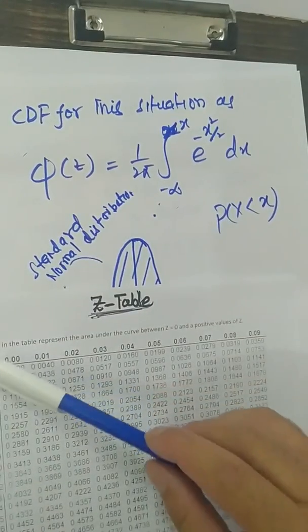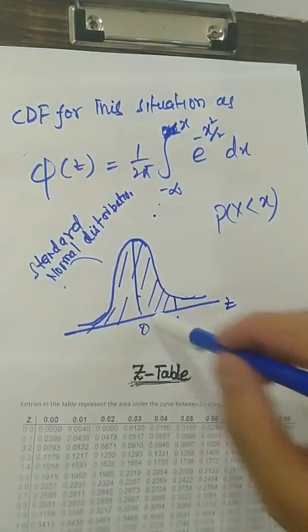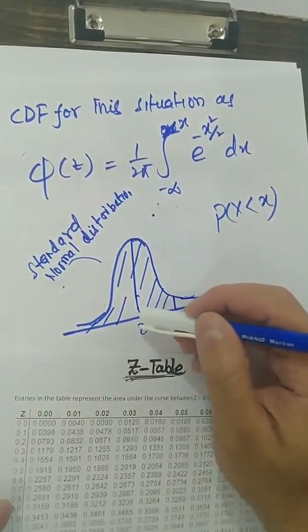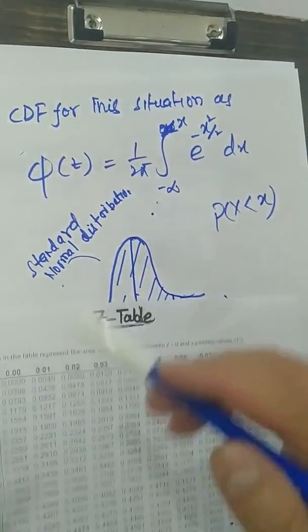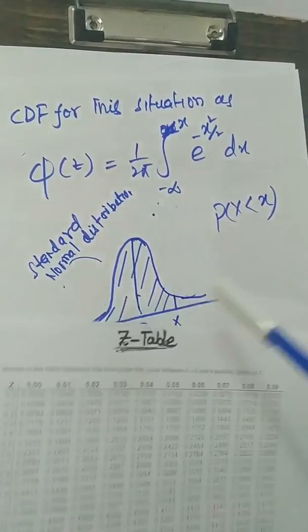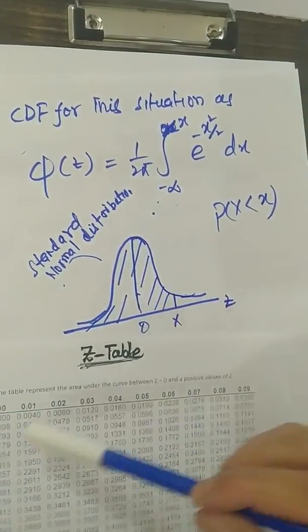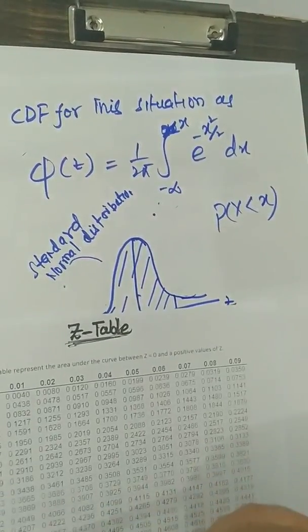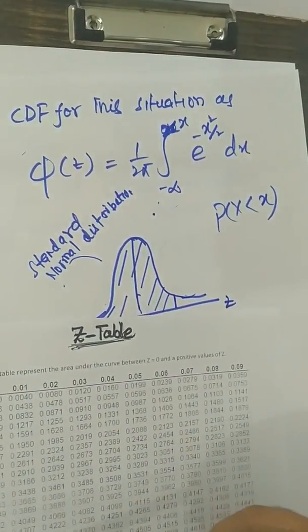So when z is equal to 0, its PDF has a value. For different values of z, this table gives you the area under the curve.